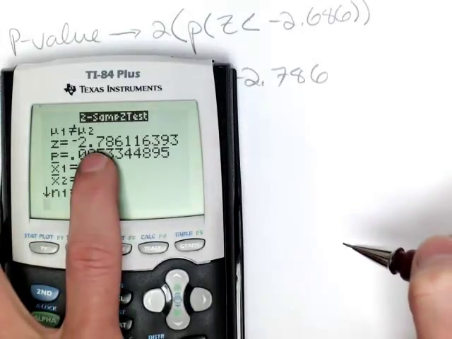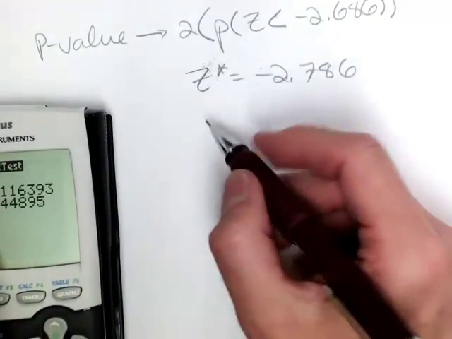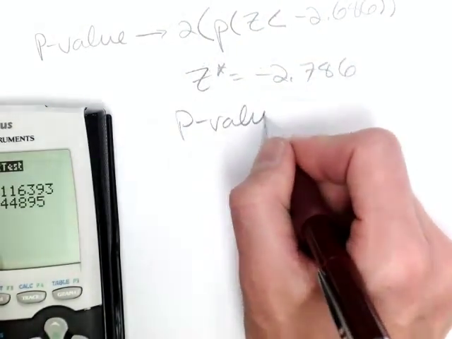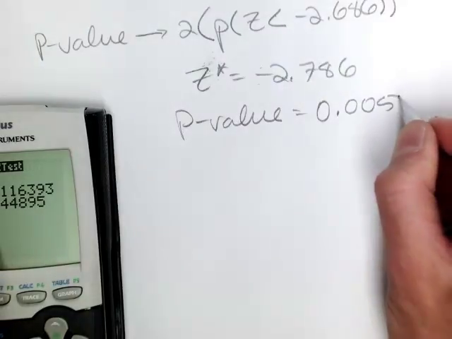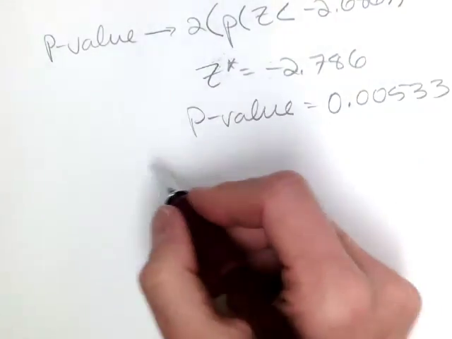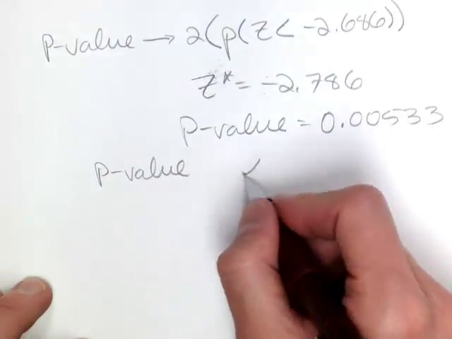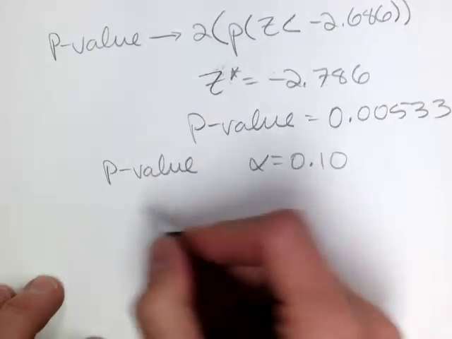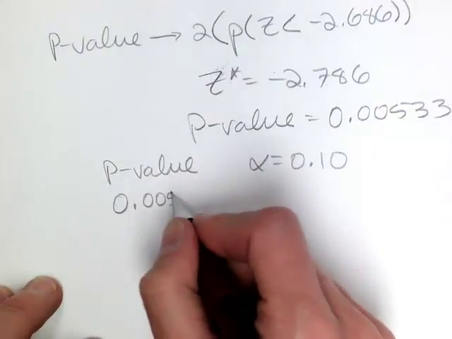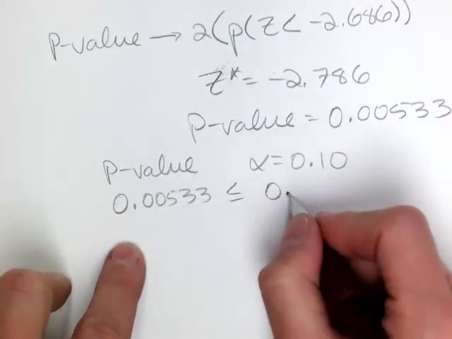I get the standardized test statistic, and the corresponding p-value in this case was 0.00533. Comparing the p-value to our level of significance, which was 0.1, we're definitely going to reject the null because the p-value is less than or equal to 0.10.